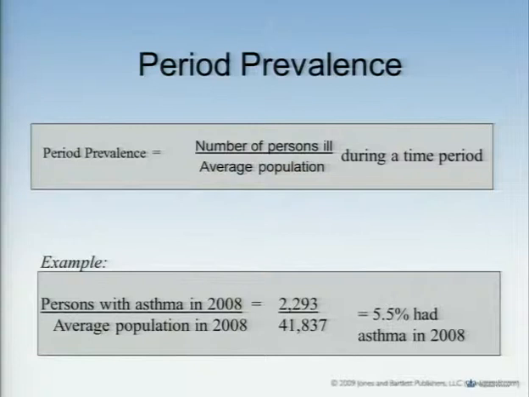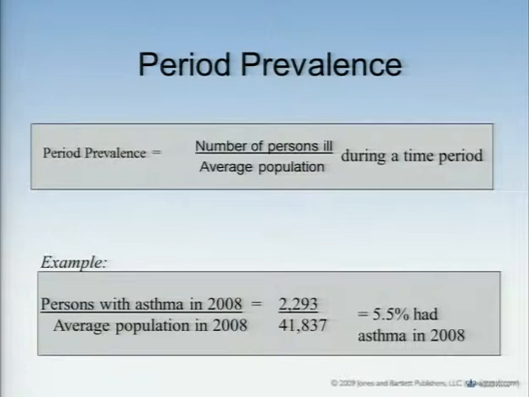Period prevalence is shown here, and this is the number of persons that are ill divided by the average population during a time period. So it could be persons with asthma in 2008 divided by the average population in 2008. In this case, there were 2,293 people that had an episode of asthma during the year 2008, divided by the average population in that one year.